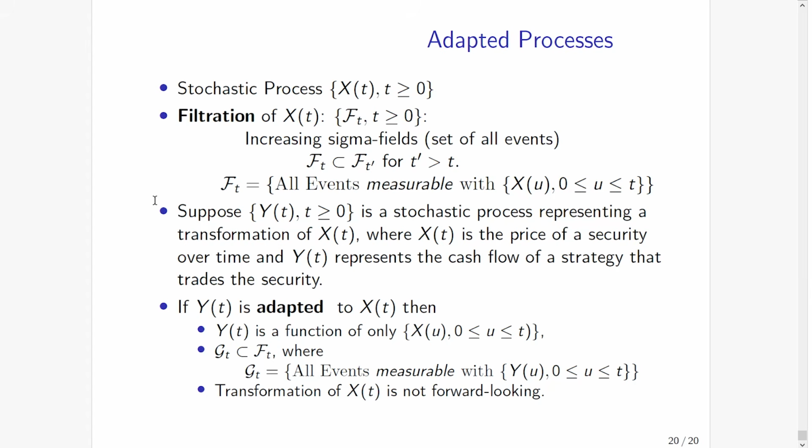And if we consider script f sub t prime with t prime greater than t, then that corresponds to information about all realizations from t up until t prime. So it's giving us more information about what's happened with the process.